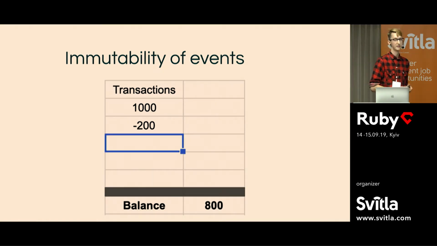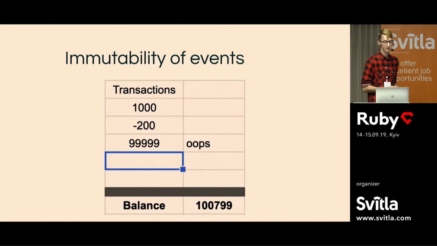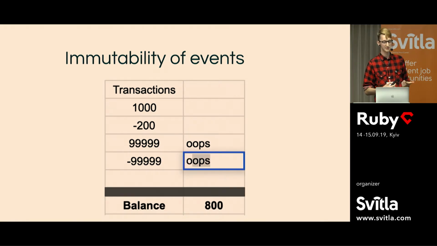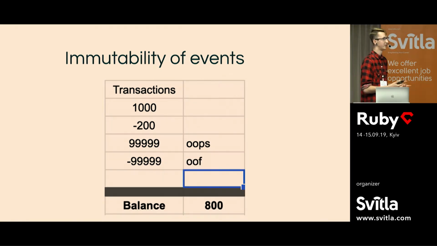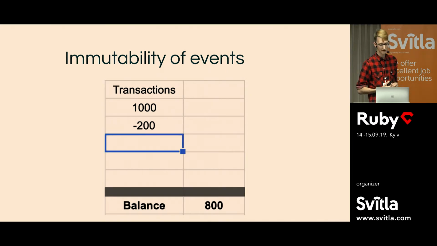For example, if you have a shopping website, a customer may add an item to the cart and then remove it. So the second event cancels out the first one from the point of view of the order fulfillment.